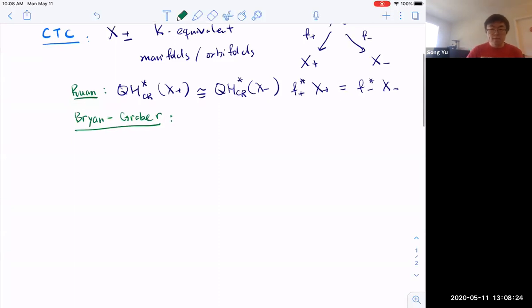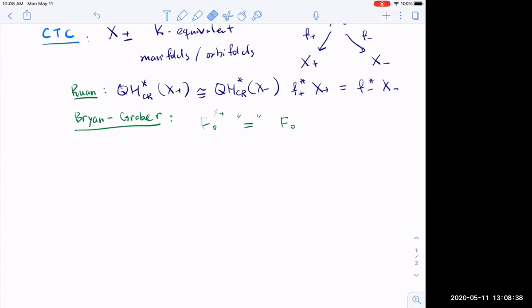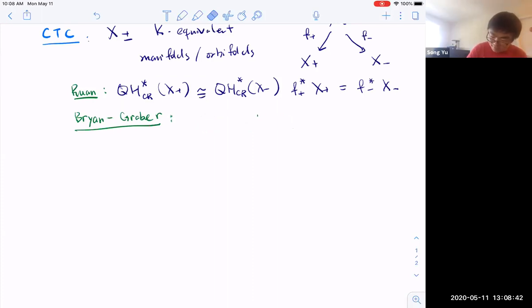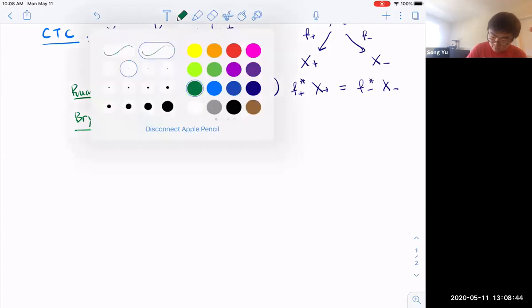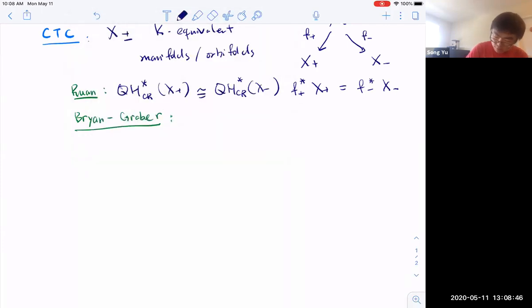In their formulation, we should have an identification of genus 0 Gromov-Witten potentials. Let me try to stick to my color scheme so that it's clear. Yeah, so we should have an identification of F0.